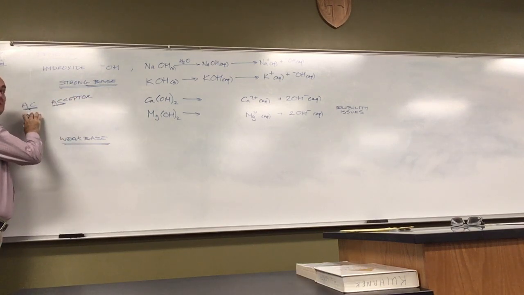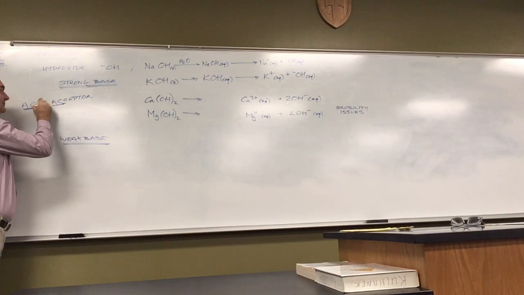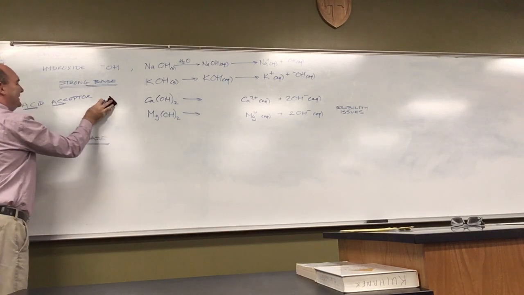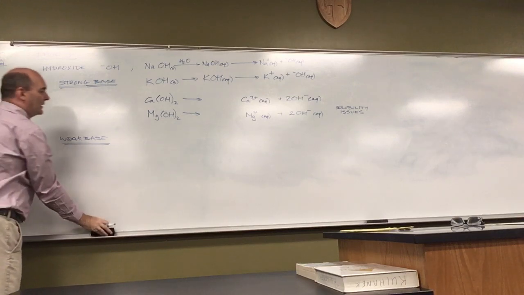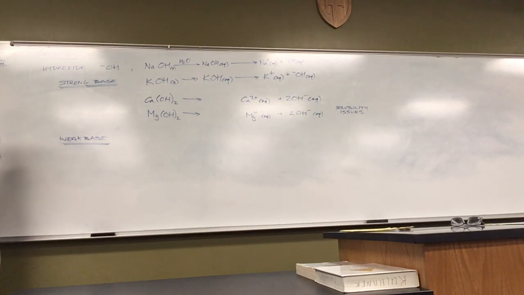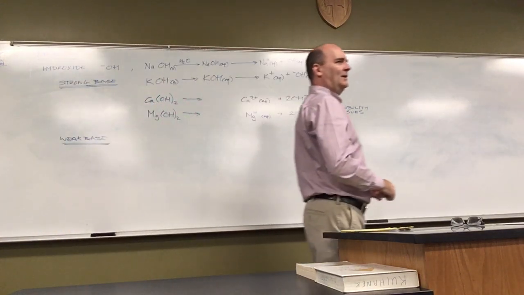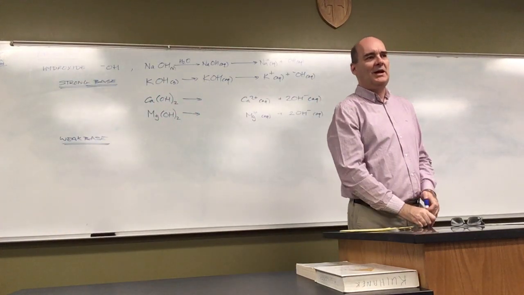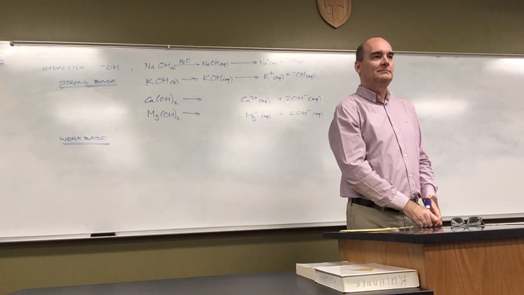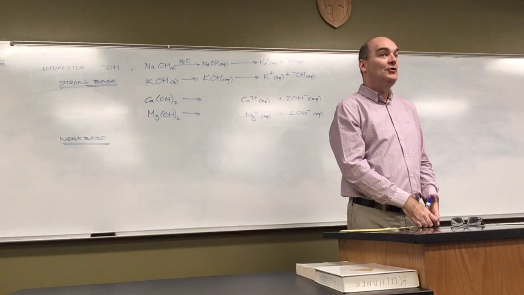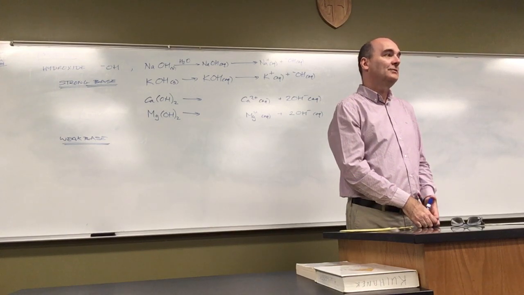So a Lewis acid is an electron pair acceptor. That means a Lewis base is an electron pair donor. Okay. If a base is an electron pair donor, what does a base have to have? A lone pair of electrons. A non-bonding pair of electrons.